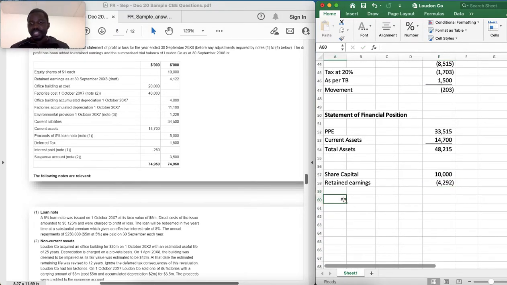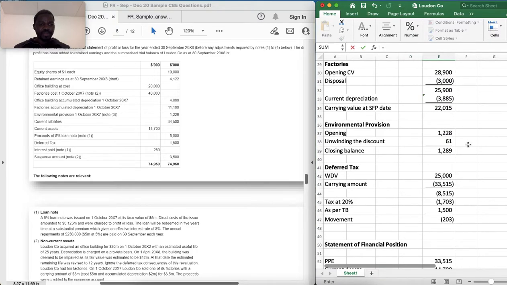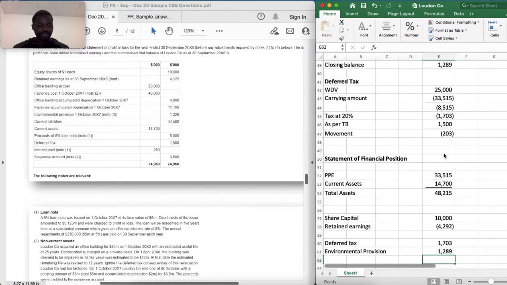Then we'll also take deferred tax. We have our deferred tax that we calculated, 1,703. Then we will have our environmental provision. We have the figure for environmental provision, that one. Then we will take loan notes.